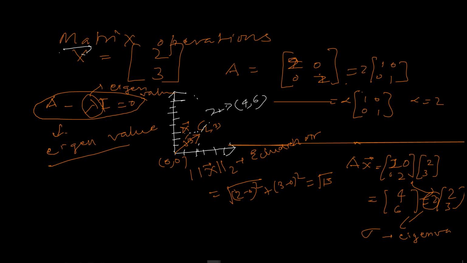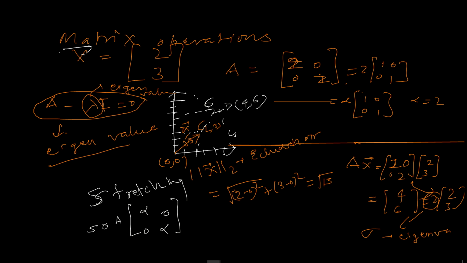One operation is stretching. Alpha 0 0 alpha, let us say it is A, is a stretching matrix. So in this case it is playing the role of multiplying by 2.